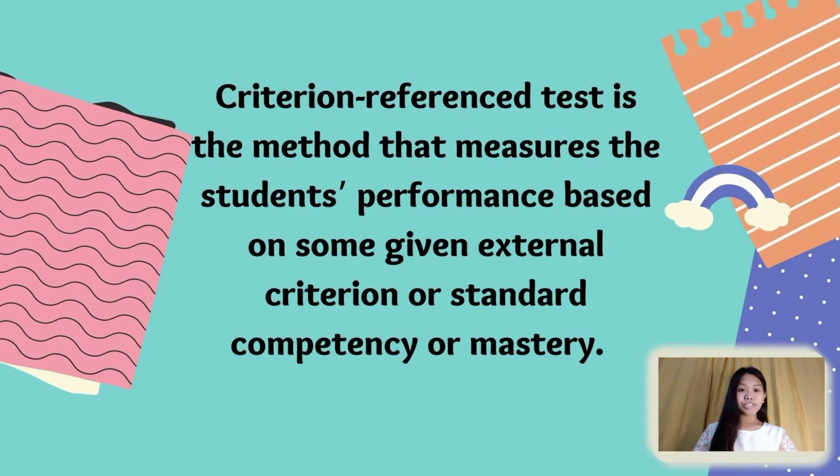On the other hand, the criterion reference test, from the word itself, criterion, is the method that measures the student's performance based on some given external criterion or standard competency or mastery. That is why the performance of the students is unrelated to one another, and the students' achievements are recorded for individual skills.